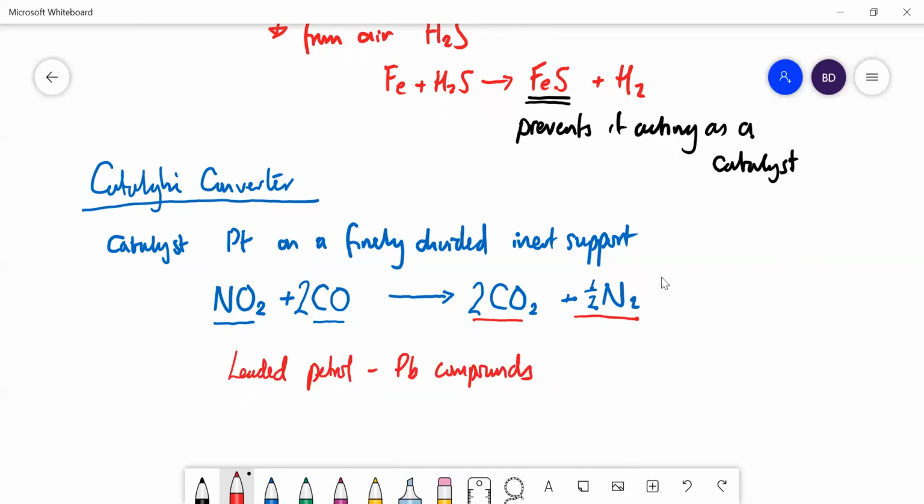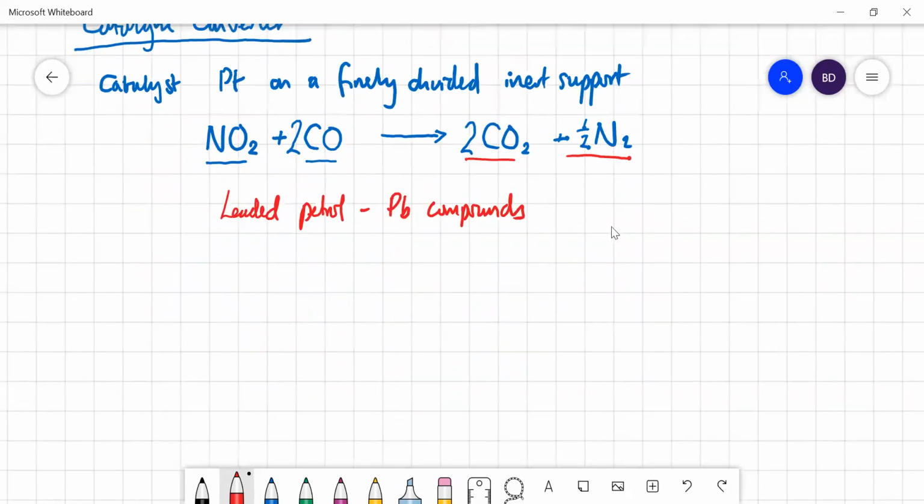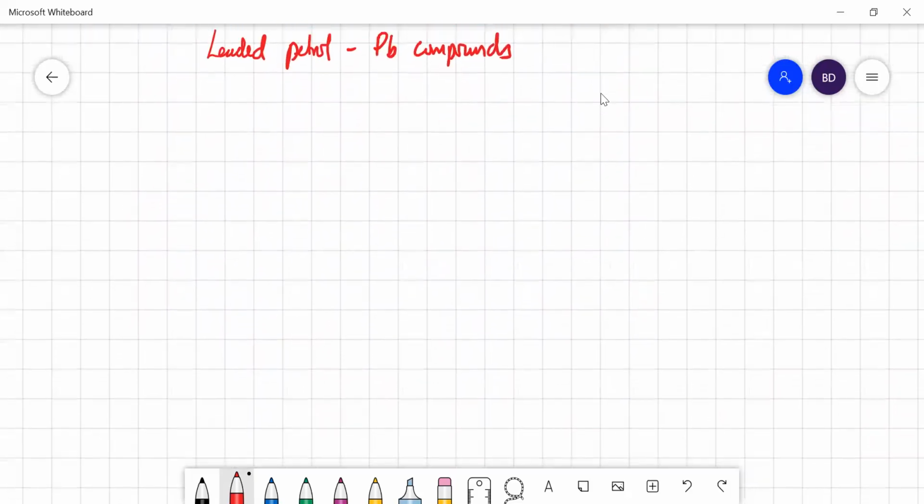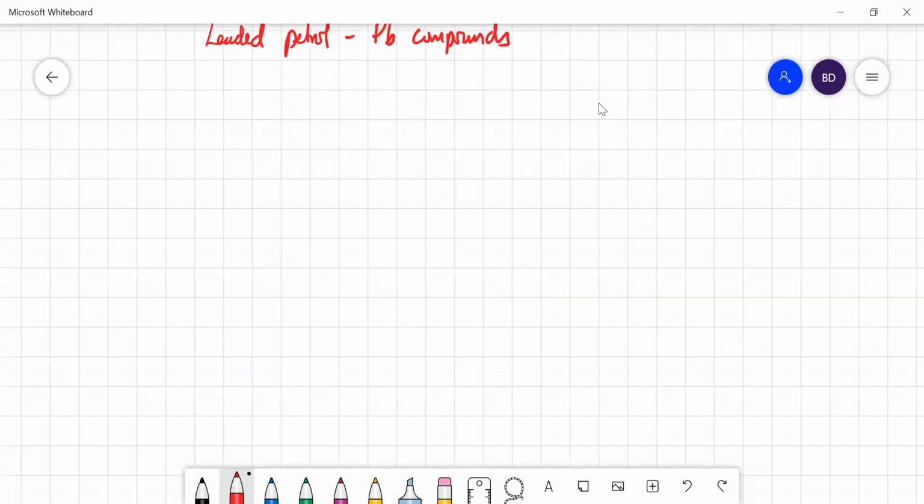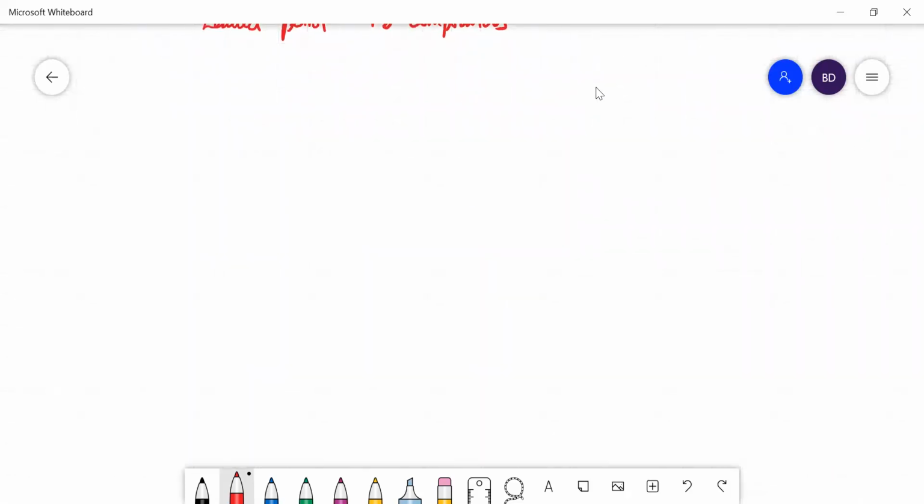Right, finally, one heterogeneous catalyst which is mentioned in the specification, and it comes up an awful lot, and it's just a pure piece of learning really, is involved in the contact process.